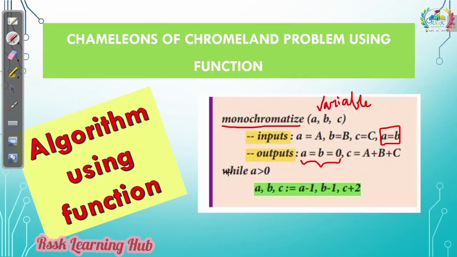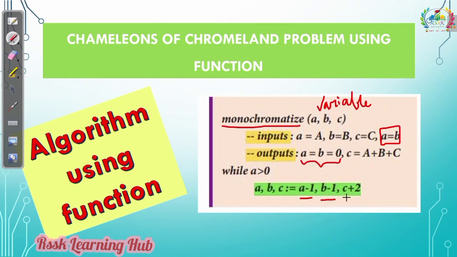Now check the condition. The condition is A is greater than 0. If A is greater than 0, only then will it move on to the further steps, right? So A is assigned A minus 1. The total value of A gets decremented by 1.